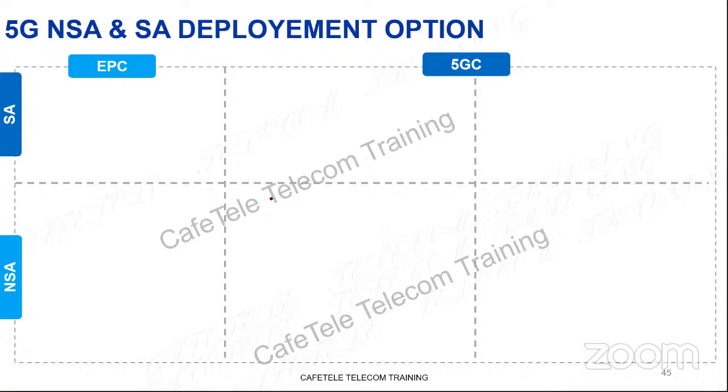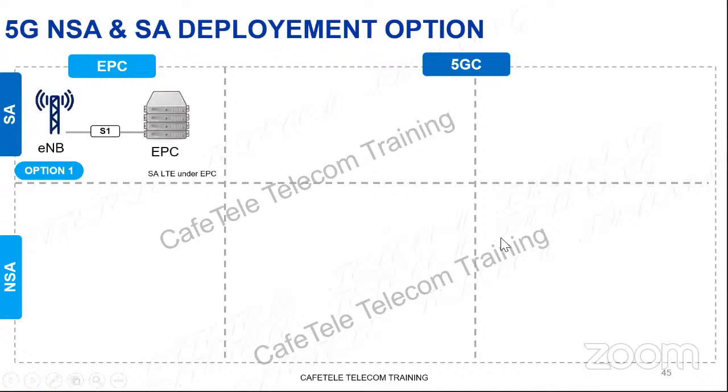So now here we can see what we have. The first one we call option 1, and the second one we call option 2. We have 6 options because I made it in 6 blocks. So here you can see option 1. What is option 1?